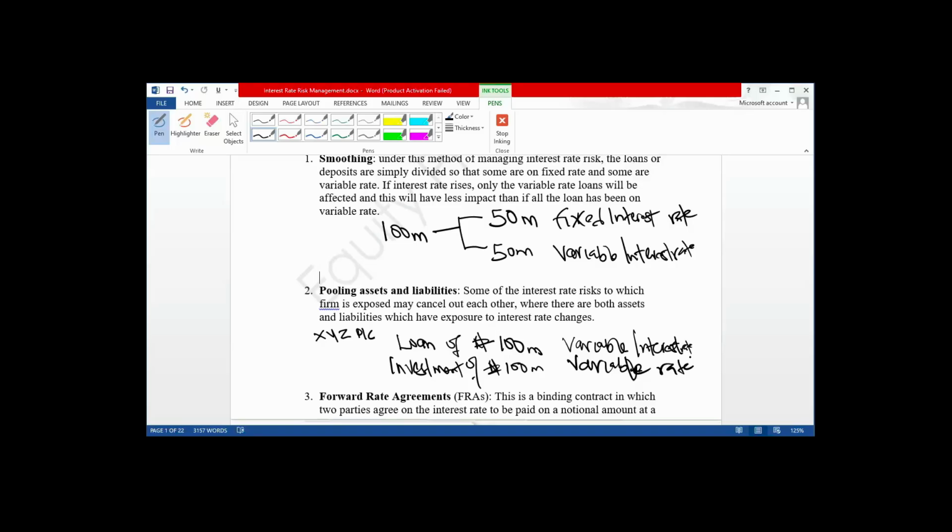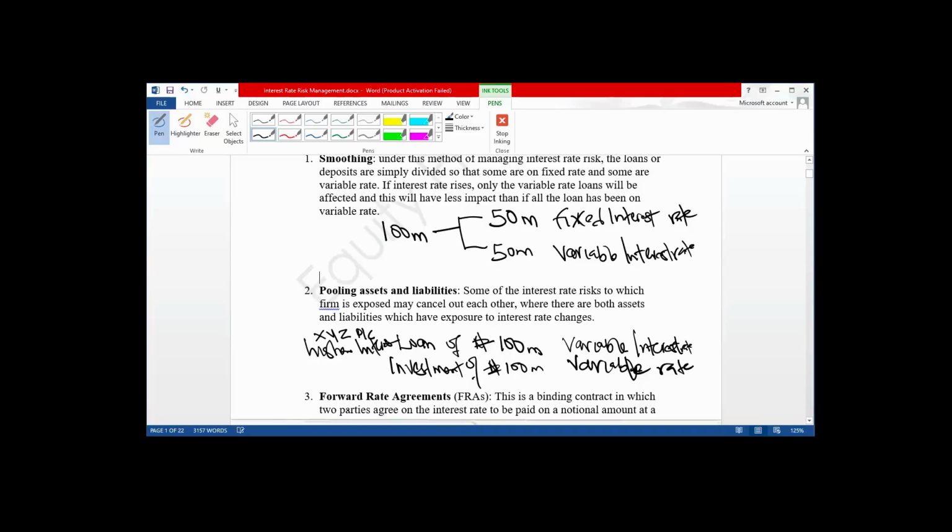If interest rate rises, you are going to pay higher interest here.